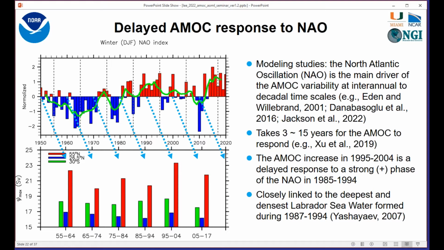That was a very, very intense one that filled the entire domain of the Labrador Sea, and that is due to this positive phase of the NAO. So it explains pretty well. It matches very well with the previous observation. So there is some delay. This convection water has to come out from the Labrador Sea, propagate, and adjust. It takes several years or more to produce this MOC signal.